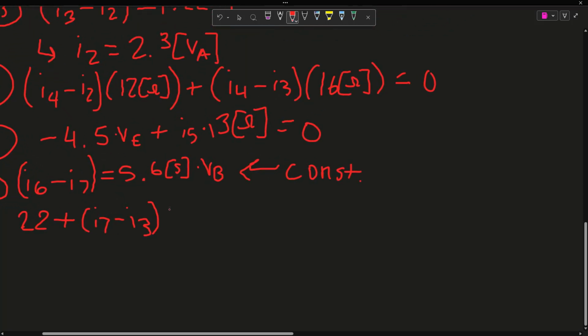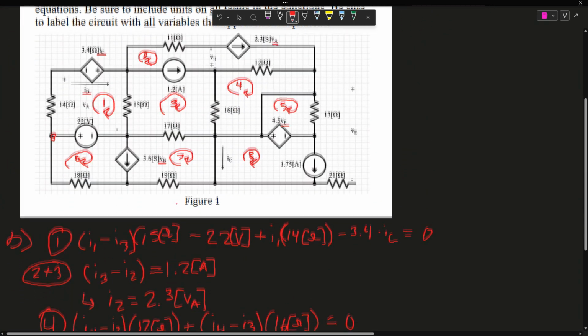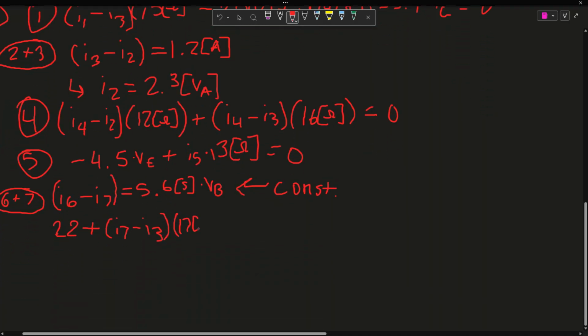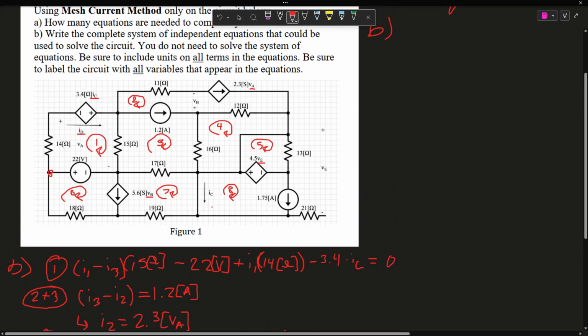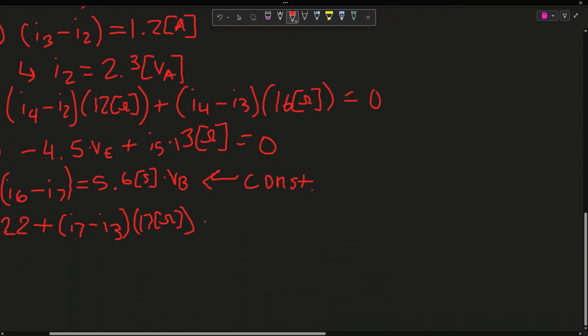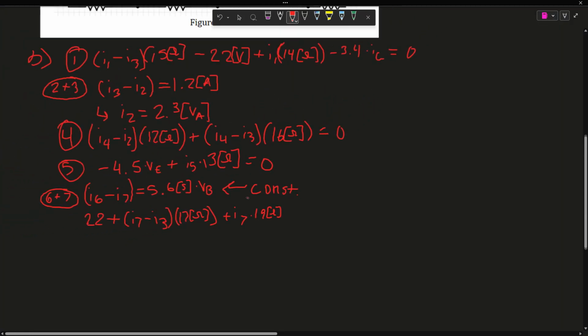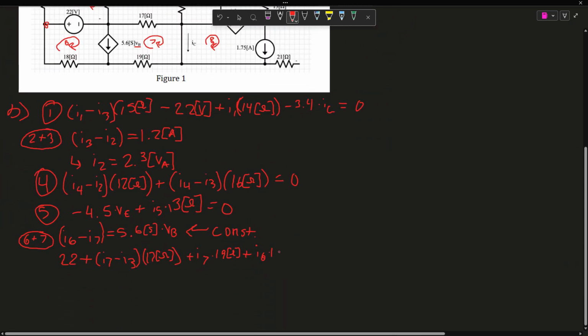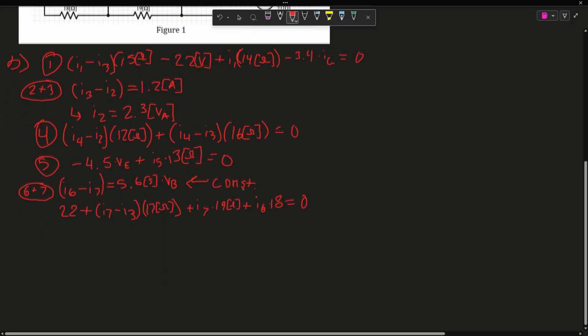Yes, minus I3, not plus, sorry. And then I7 times 19 ohm. And then plus I6 times 18 equal to 0. So that's our entire KVL there.